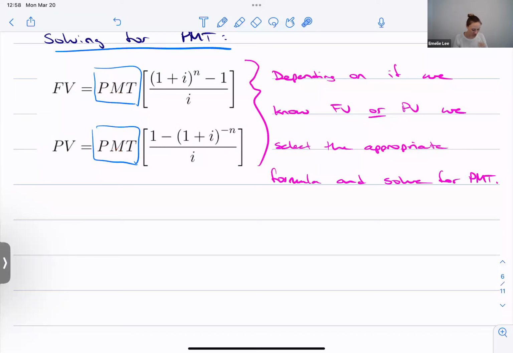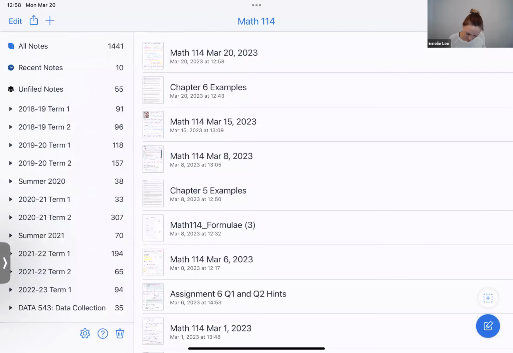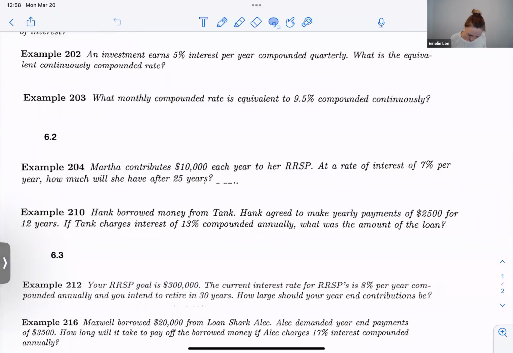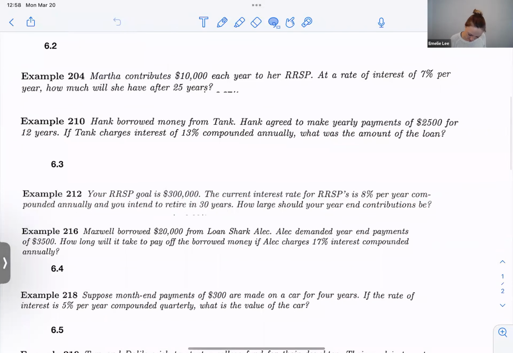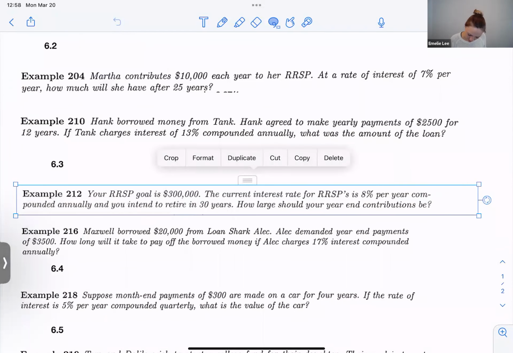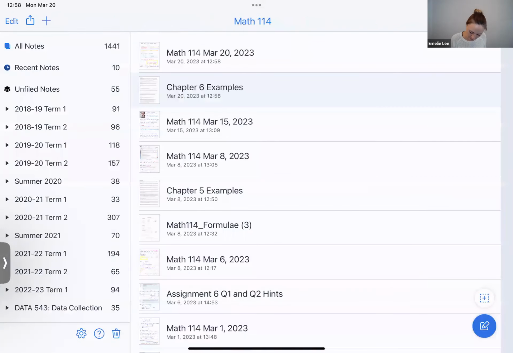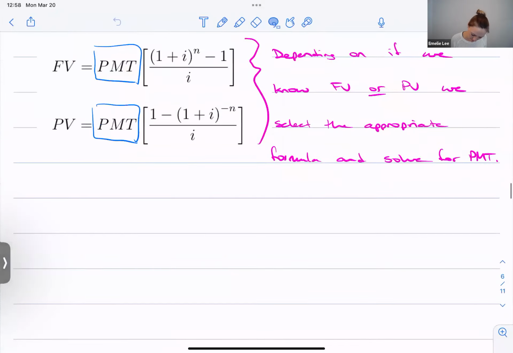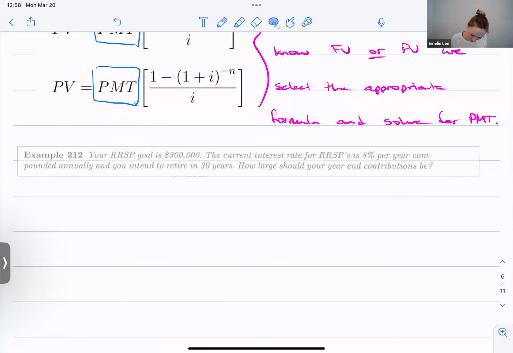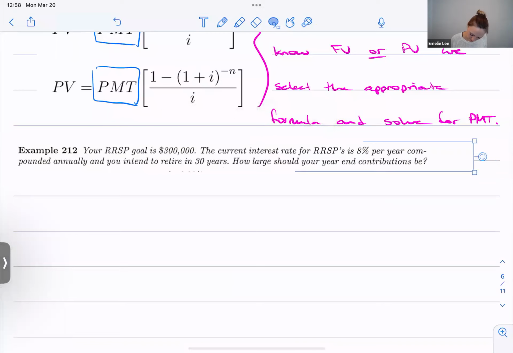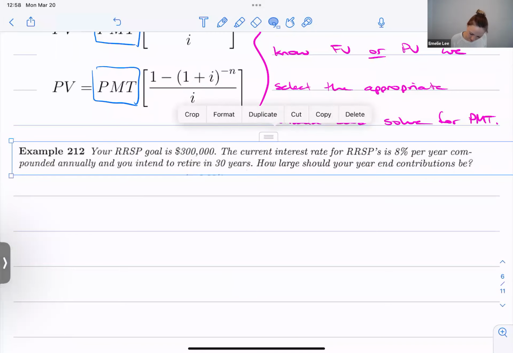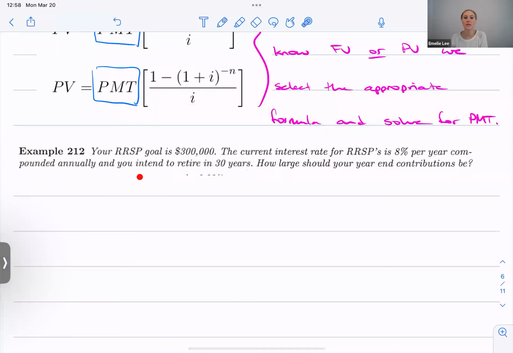Okay, so let's do an example. We'll do example 212. Your RRSP goal is 300,000.